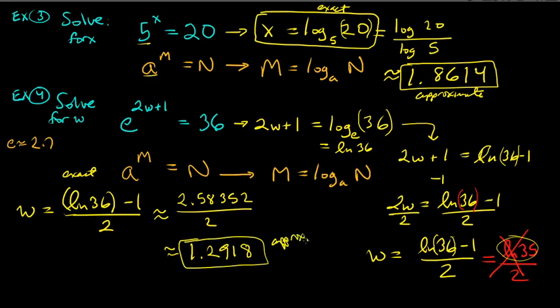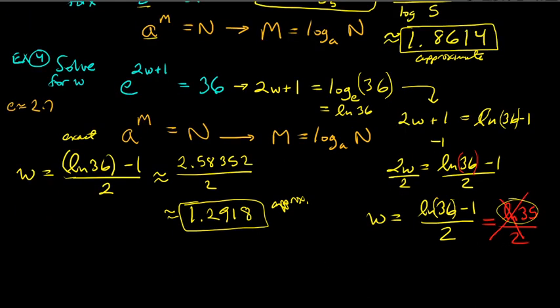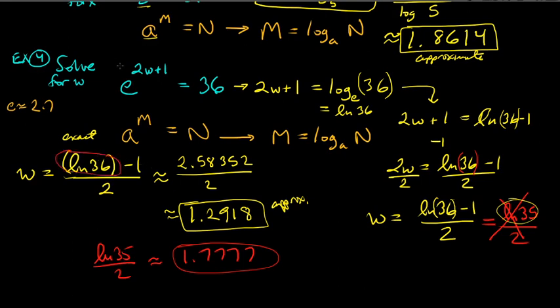Okay, so that's the approximate. And by the way, if you did natural log of 35 divided by 2, just to show you that you would be wrong here, this is approximately 1.7777, and you can see that while it's somewhat close, it's really not that close. You're off by about a half, about 0.44 something. So no, you get the wrong answer. So you cannot take away 36 minus 1. It's the log of 36 first, do that first, and then subtract the 1.